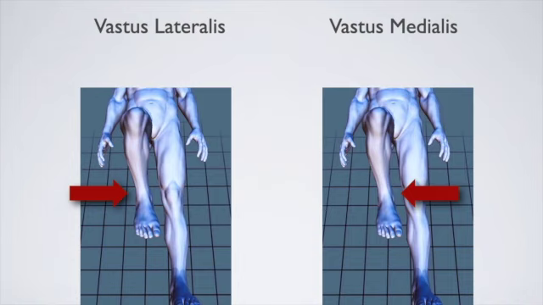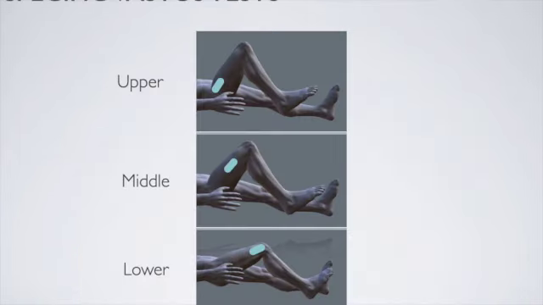A very specific test that we use for quad imbalance is a straight lateral and medial, vastus lateralis and medialis, respectively, test. I'll demonstrate this test in the workshop. This is how we can break it down even further, upper, middle, and lower tests for the vastus lateralis to really pinpoint where the problem is.